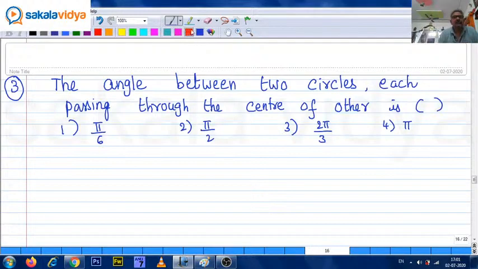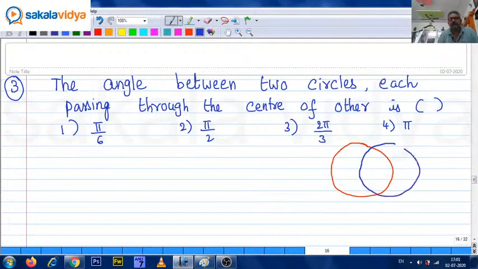Here, this is one circle. Now the other circle is passing through like this. So what it implies is that the second circle passes through the center of the first circle, and the first passes through the center of the second circle.